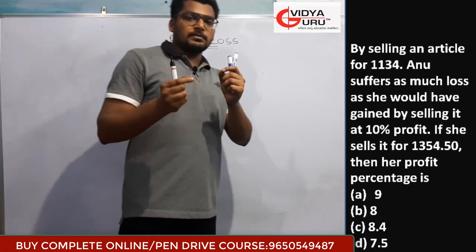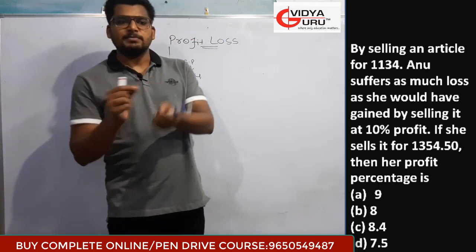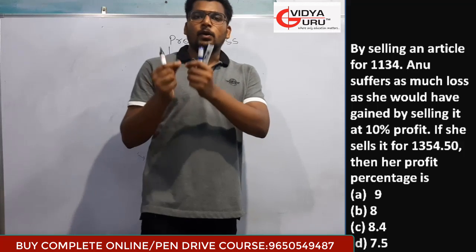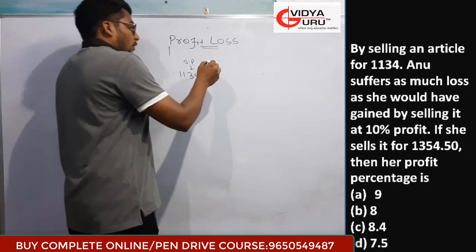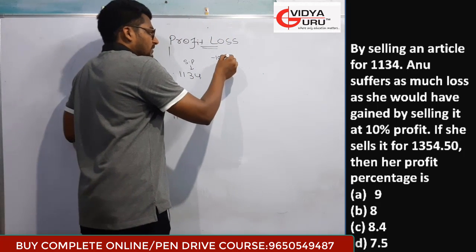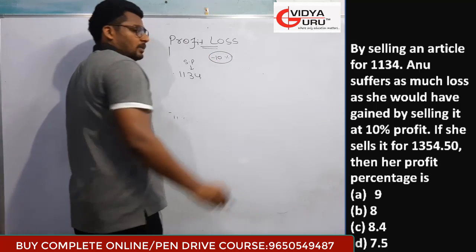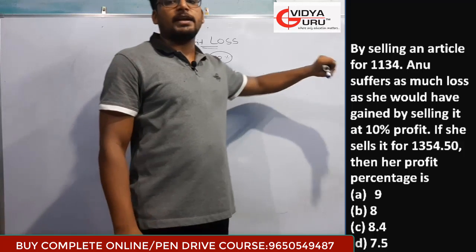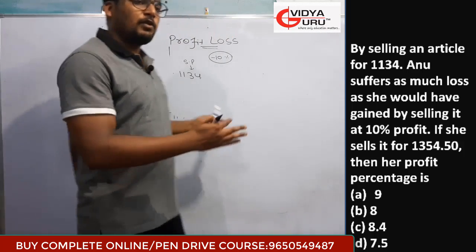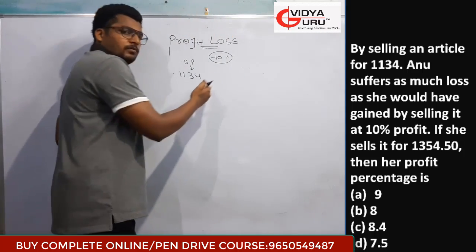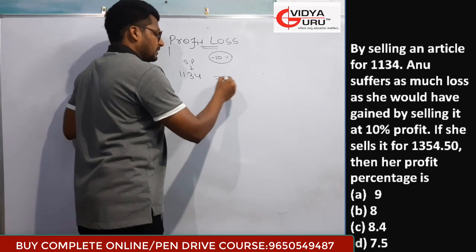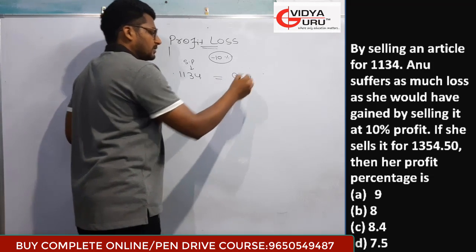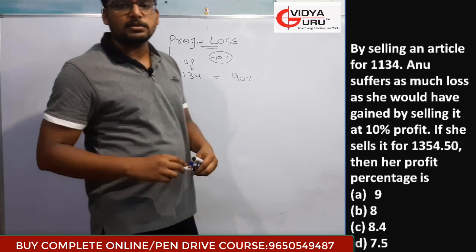This statement, we will read it once again. That means the loss is also 10%. As much loss as she would have gained on 10% profit, she has lost equally. That means the loss is 10%. Then this is the value of 90%.